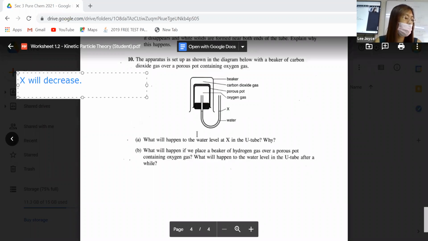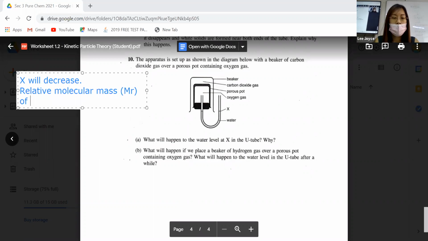So template again. First, you have to indicate that the relative molecular mass of oxygen gas is 32, whereas that of carbon dioxide is 44. This is a very standard way of answering this.